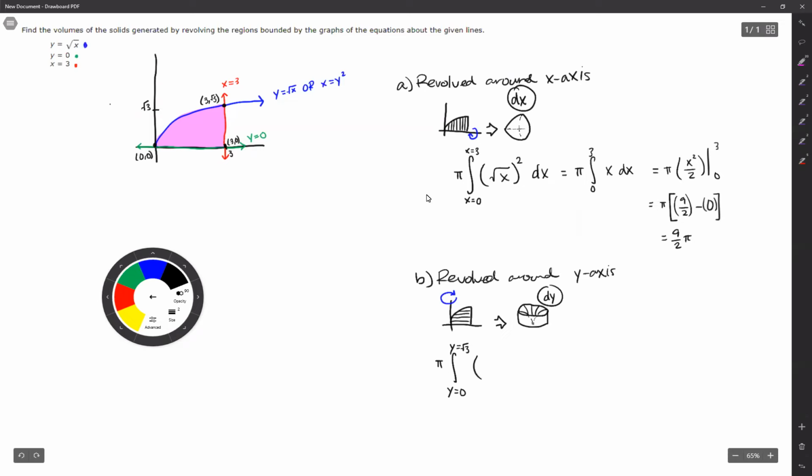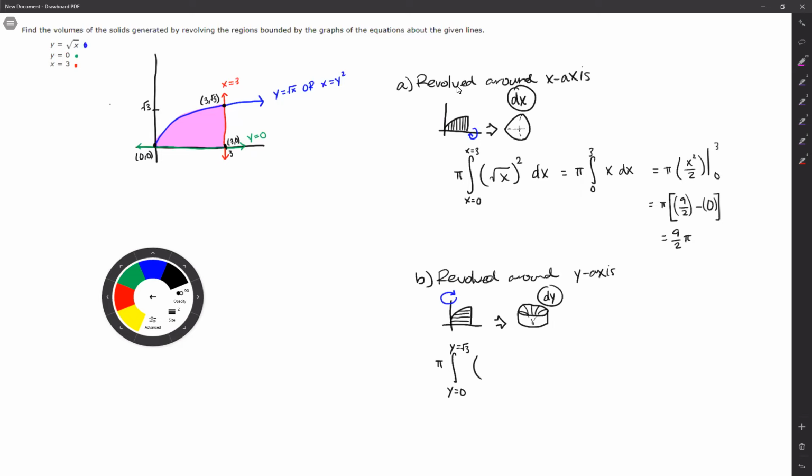So our big R, the curve that's further away from the axis of rotation, is going to be... hold on for 1 second. That's right. It's going to be x equals 3, right?